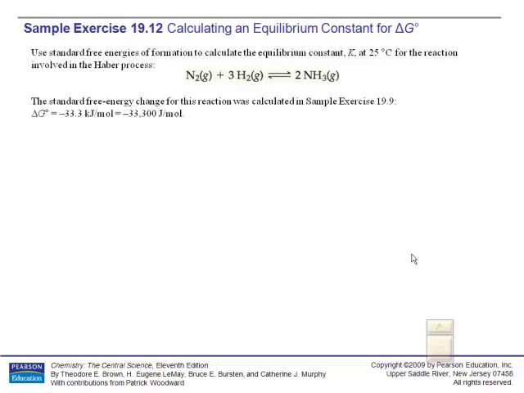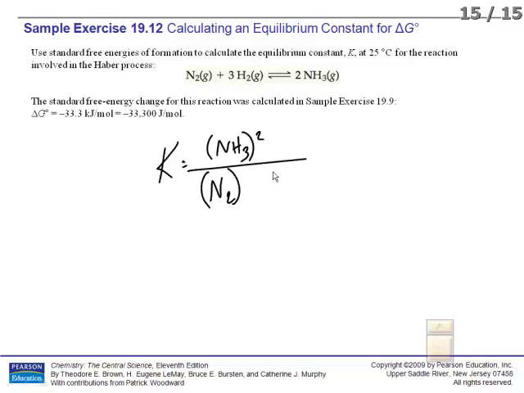They gave us the standard delta G, which is great, and all we need to do is to figure out the equilibrium constant K. Please keep in mind that your equilibrium expression is always the products over the reactants. So this will be NH3 squared over N2 and then H2 cubed.